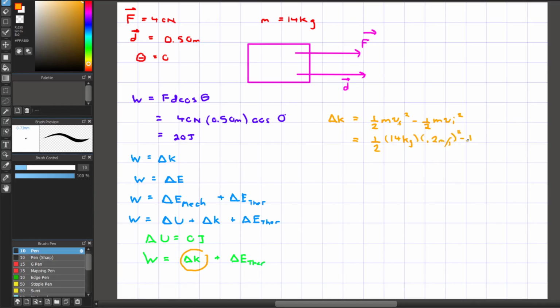With those, we get our final kinetic energy minus our initial kinetic energy, 0.28 joules minus 2.52 joules. And as expected, we lose kinetic energy since the speed is decreasing. We get a delta K value of negative 2.24 joules.